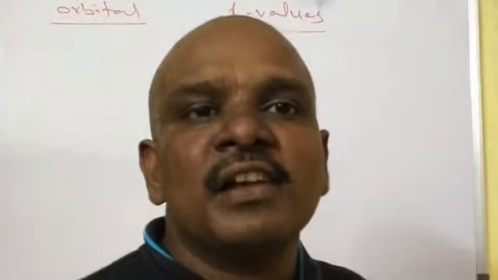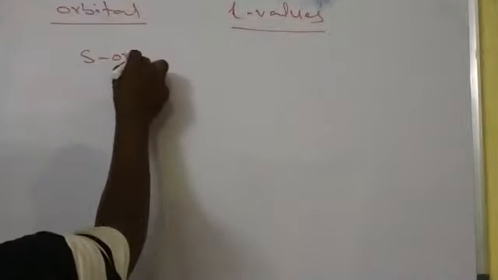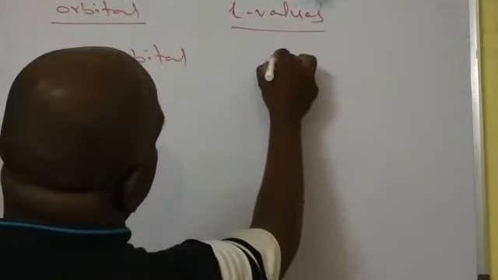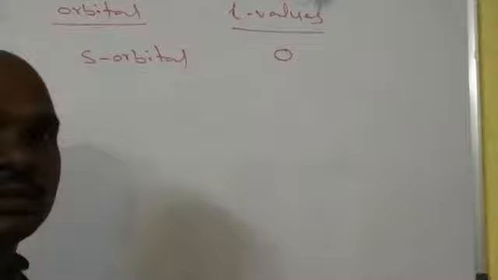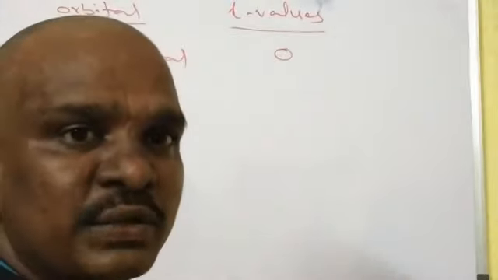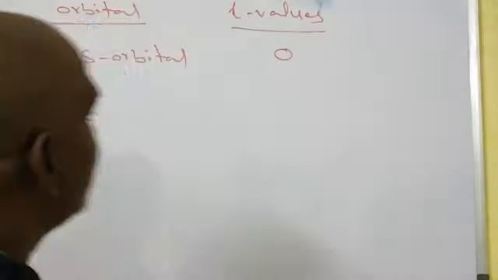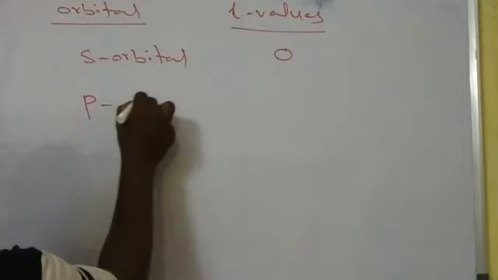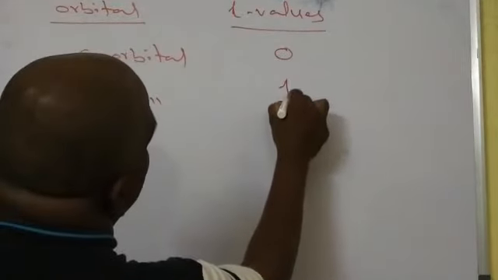Each orbital has its own L value. Suppose we take the s orbital: the L value of the s orbital, students, is 0. The p orbital L value is 1.